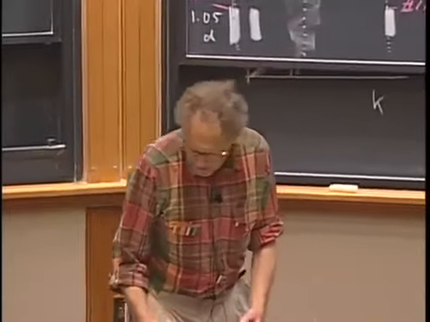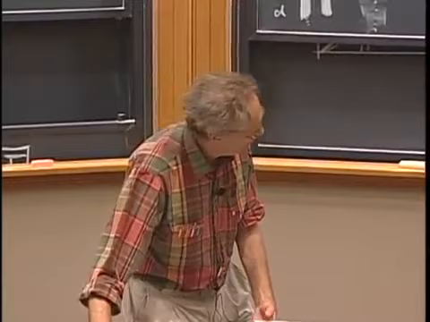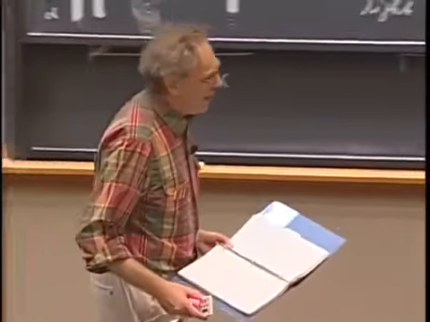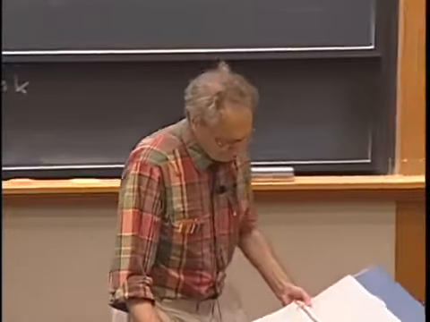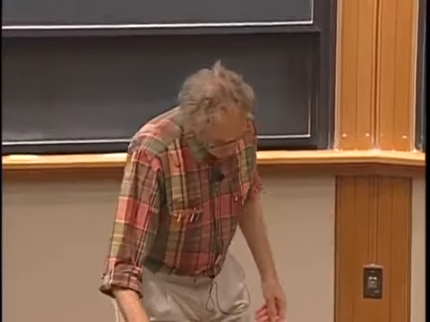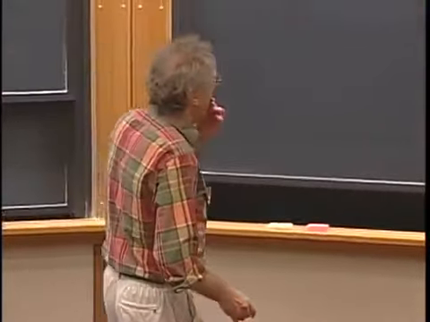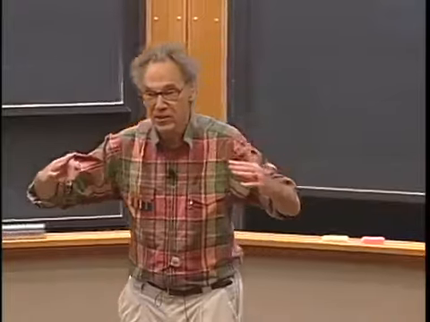When we dealt with continuous strings, we derived a wave equation. And I still remember how we derived it. We took into account that the tension is responsible for the restoring force.